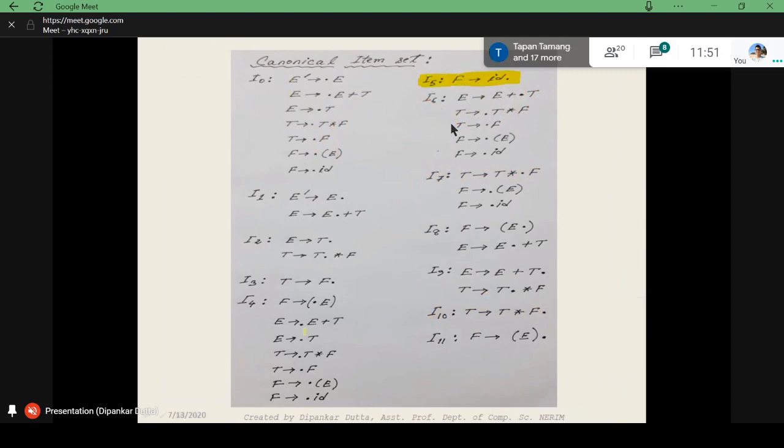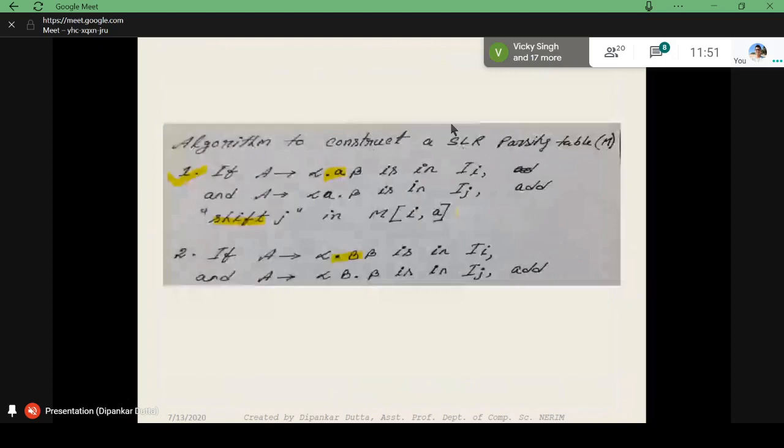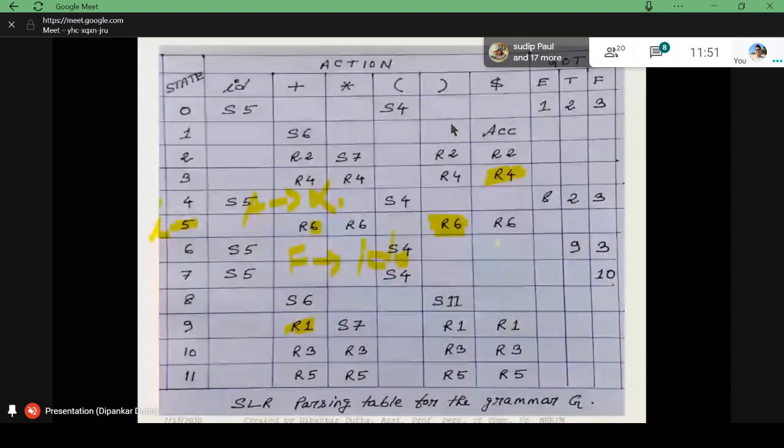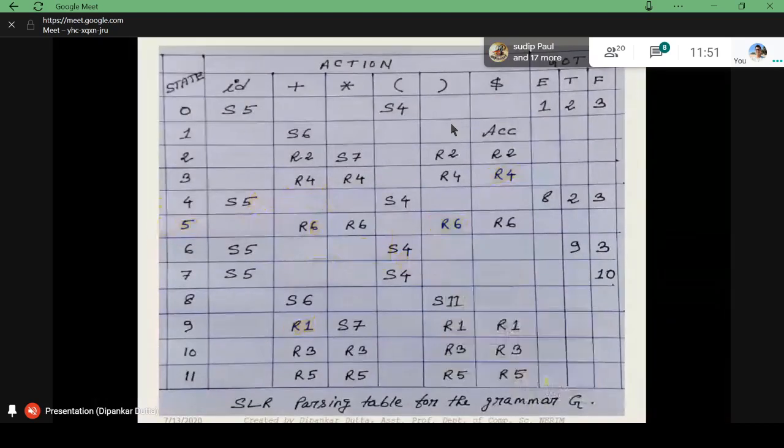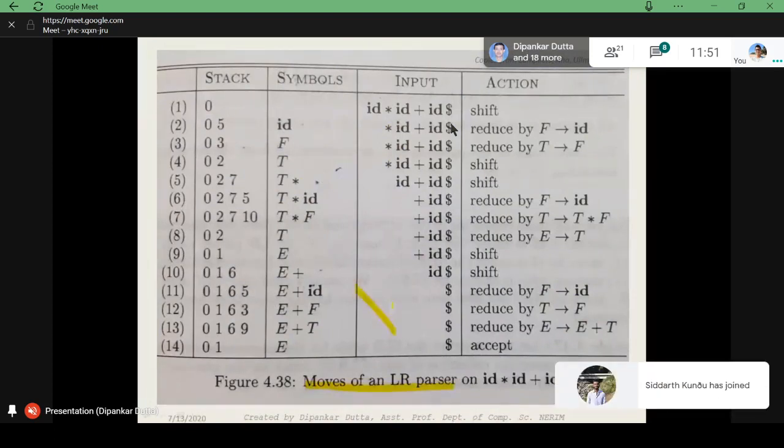So from the canonical item set we directly get the table, and from the table we get the canonical item set. If your follow calculation is wrong, then the reduces here will be wrong. Notice that if there is a mistake in the follow calculation, then our reduce calculation will be wrong. And if you make some mistakes in reduce calculation or computation of follow, then the final output of the moves of an SLR parser will be wrong.